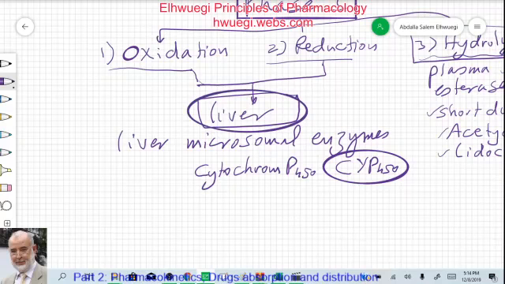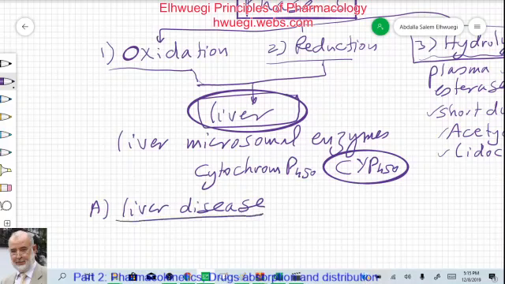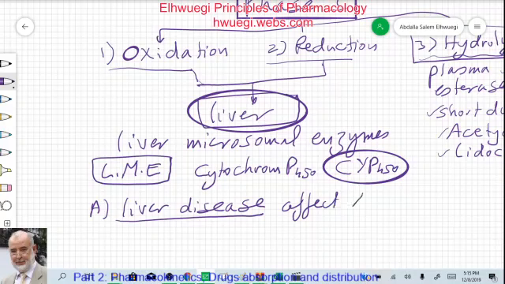Therefore, we expect that when there is a liver disease, that means liver microsomal enzymes are affected. It will affect the liver microsomal enzyme activity. So what will happen to the metabolism? It will be slow.